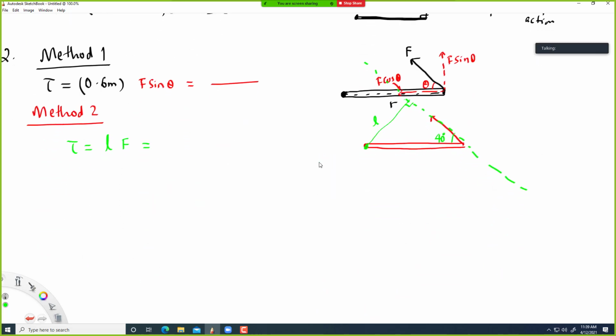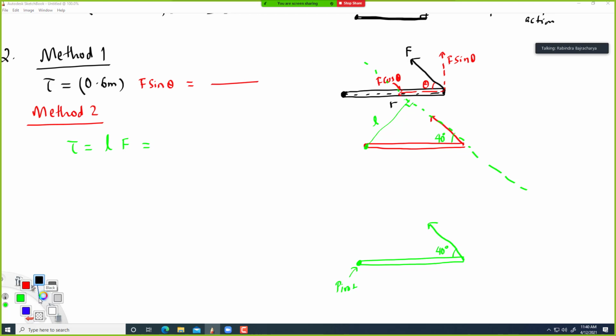So, the middle figure is what I am working on right now. Let me draw it again. You have some kind of object which is fixed at this point, and then you are applying the force in this direction. What I am saying is this question is missing the angle. So, this should be 40 degrees. Just add 40 degrees on this figure.